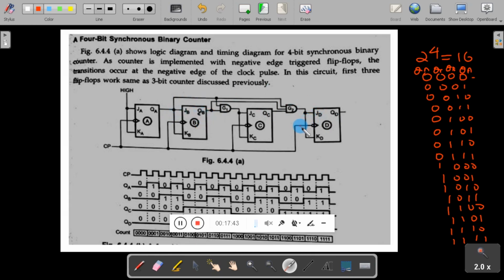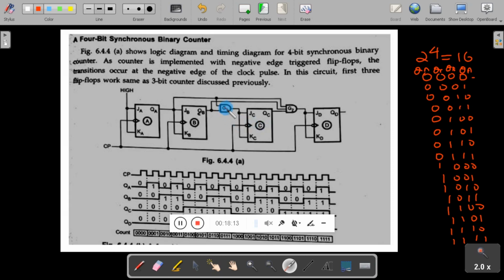Now you may ask why it is so. It is because, you see here, when QB is 1 and QA is 1, during the next clock cycle, QC changes.